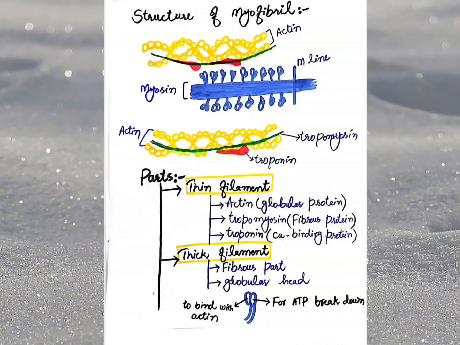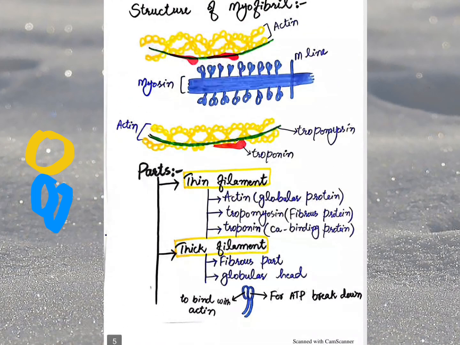Now come to the next filament, which is the thick filament. So this is the thick filament. Thick filament has two parts, the fibrous part and the globular heads. Now the function of the globular head is very special, that the head has two regions. You can see the globular heads have two regions.